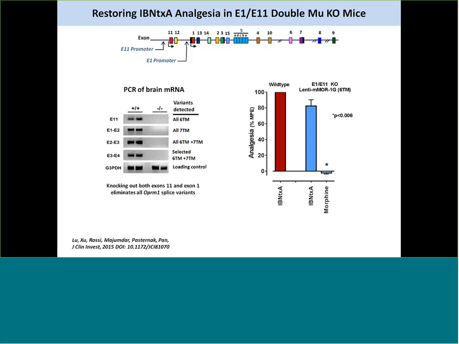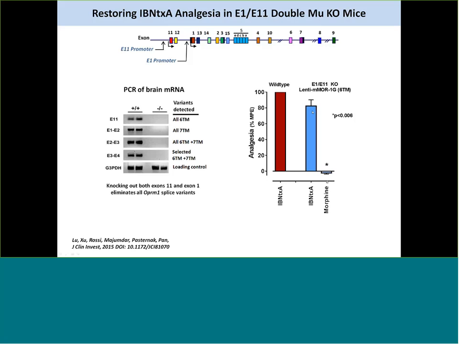What we did here was we took a lentivirus and administered it to these knockout mice, and the lentivirus that we designed expressed a 6-TM and only a 6-TM splice variant. As you can see, reconstitution of the 6-TM splice variant here in blue showed IBNTXA analgesia is restored.